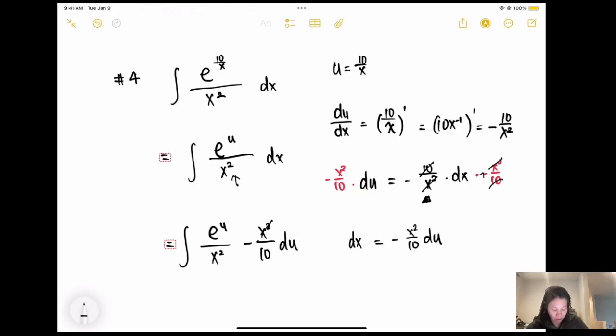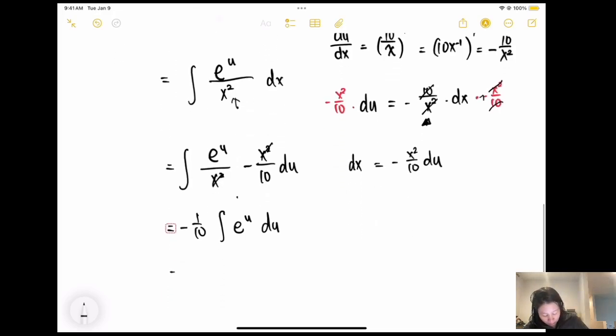So x squared cross cancel, and then we can pull the negative 1/10 out. So I have the integral of e to the u du. So our answer is going to be negative 1 over 10 e to the u plus the constant term.